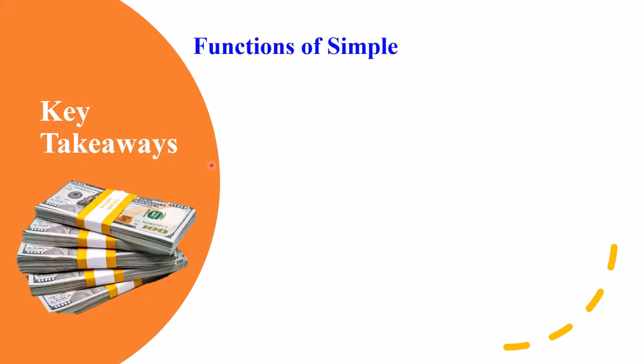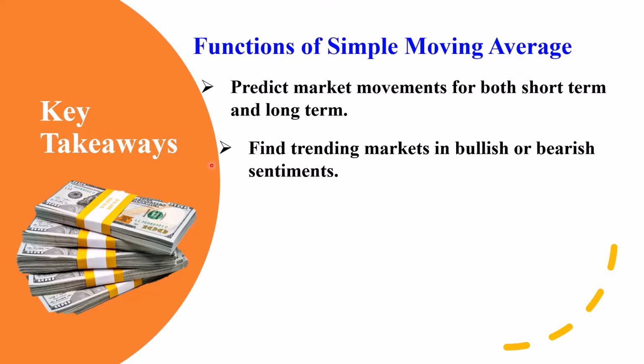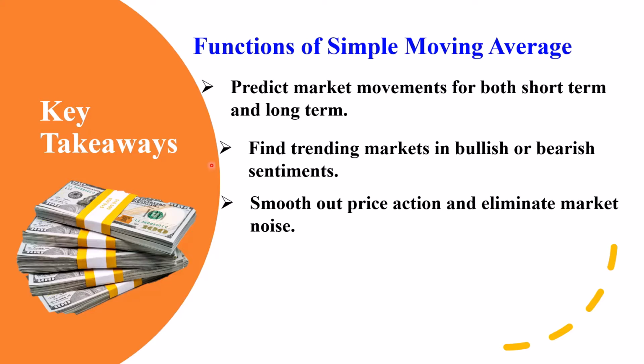To summarize, here are a few key takeaways for this video. Firstly, simple moving average can be used to predict market movement for both short-term and long-term. Secondly, simple moving average is useful for finding trending markets in bullish or bearish sentiments. Thirdly, simple moving average can smooth out price action and eliminate market noise.